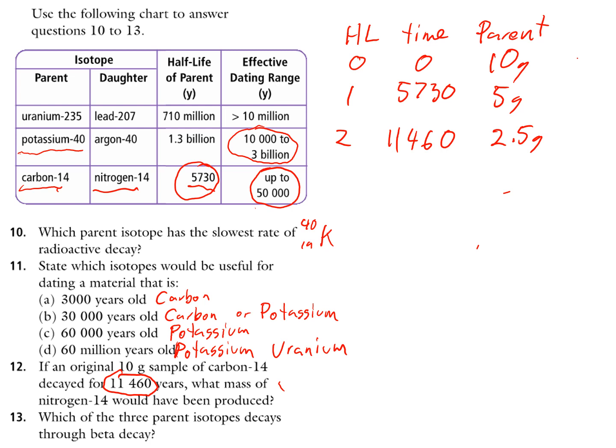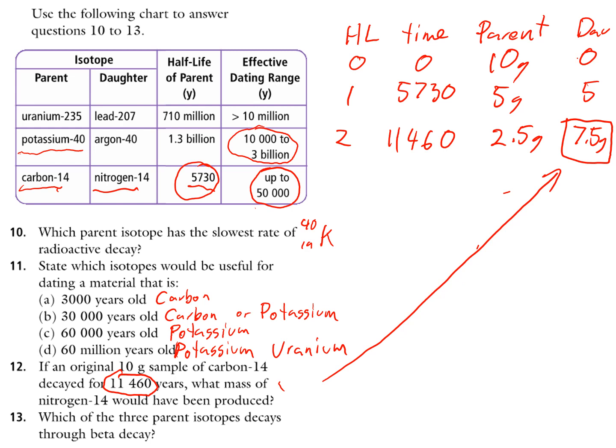And so what mass of nitrogen-14 would have been produced? So it did ask for the daughter this time, and I didn't write it. So 0. Where did that 5 grams go? Went to daughter. Where did that 2.5 grams go? It also went to daughter. So our mass of nitrogen-14 is 7.5 grams.